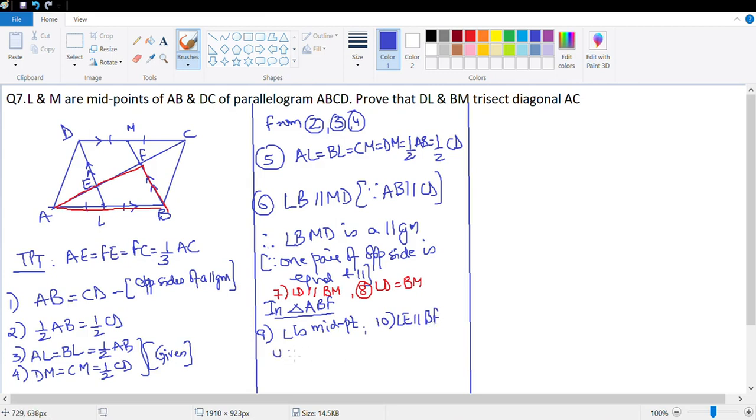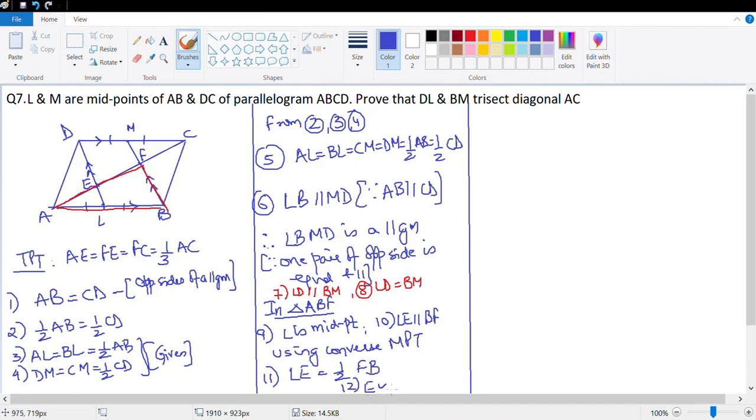So using the converse of the midpoint theorem, what do I get? What I get is LE is equal to half of FB, and what I also get is E is the midpoint of AF.